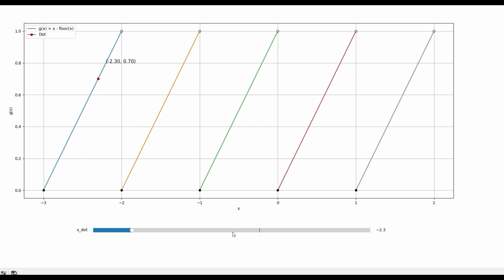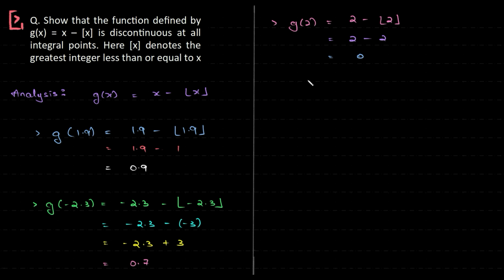Now I am giving an input of some integer value like 2. I can see that the output is 0. You give any integer value, the output is 0, because the floor function of any integer value is the same value. The floor of -3 is -3 itself. So -3 minus of -3, this will be +3 minus 3, and so the output is 0.